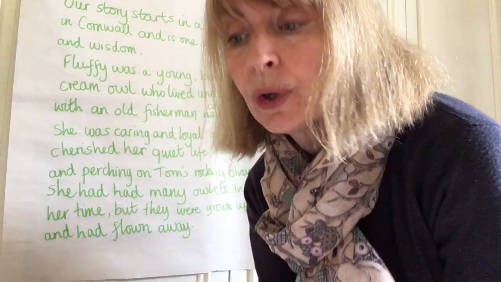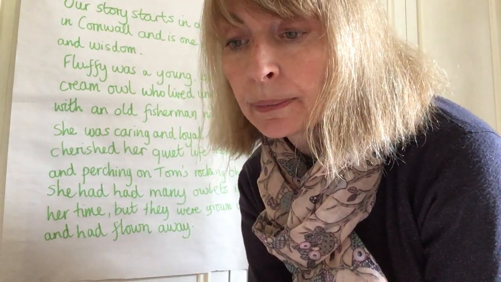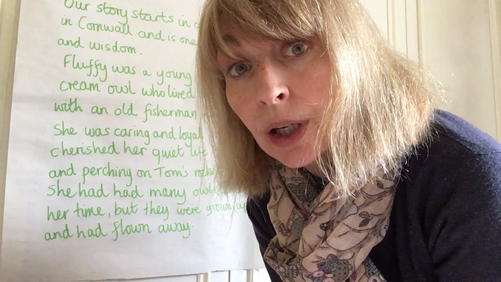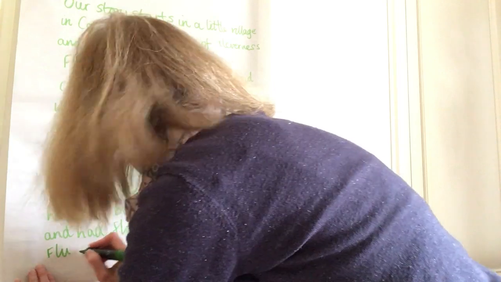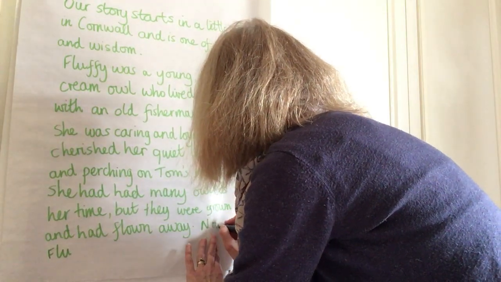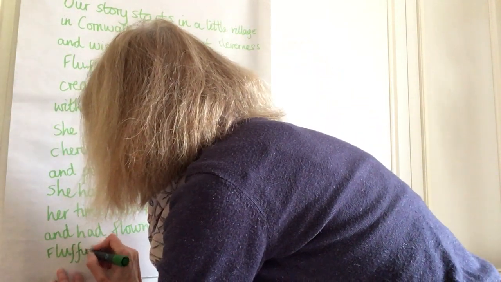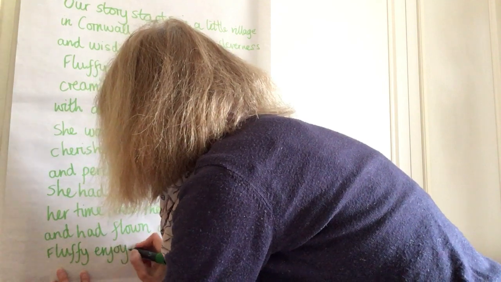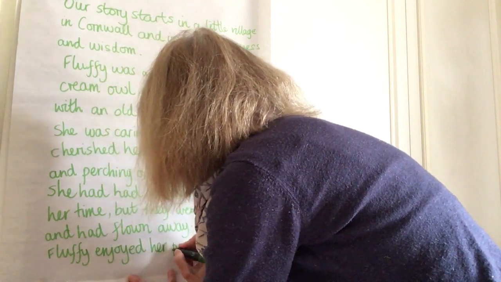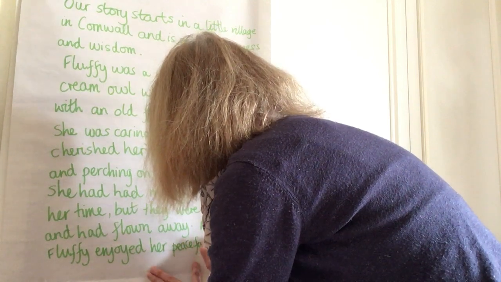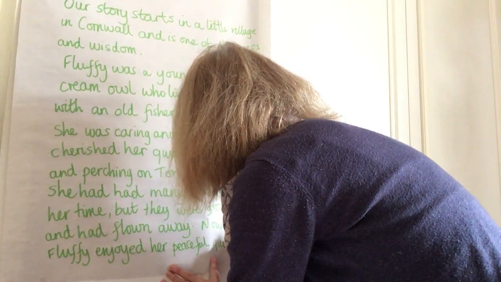Nowadays, Mowzer enjoyed her warm, comfortable house. Now, that's going to have to change because you haven't got Mowzer. So you could just write Fluffy enjoyed her warm, comfortable house, or you could change it. Fluffy enjoyed her peaceful, quiet house. I think I might do that. Nowadays, Fluffy enjoyed her peaceful, quiet house.